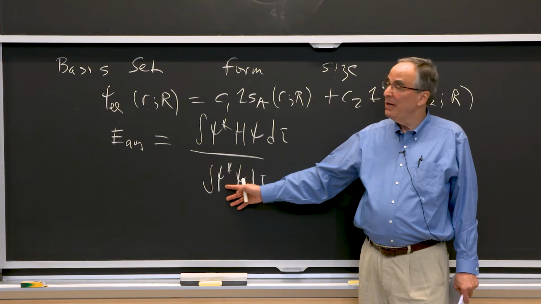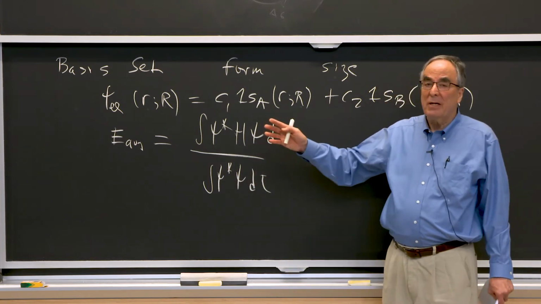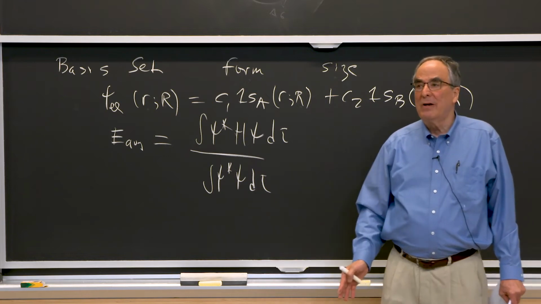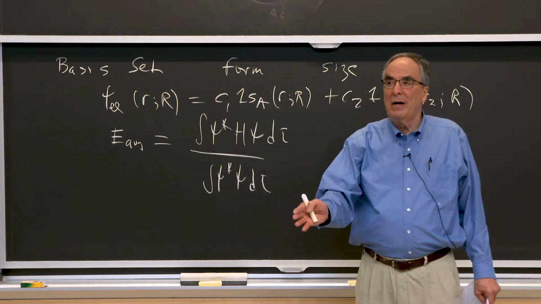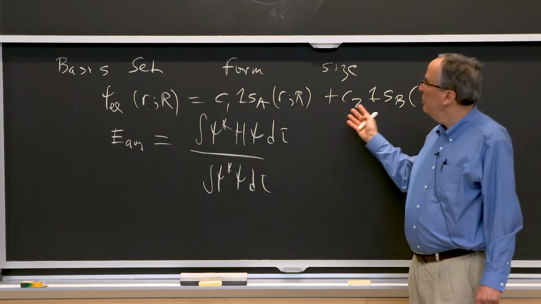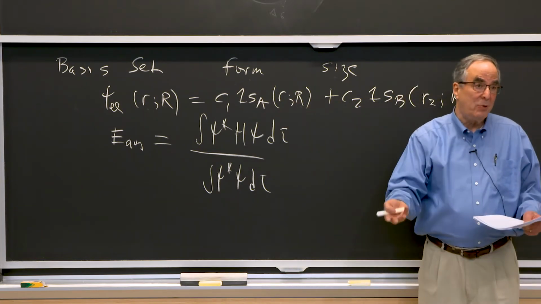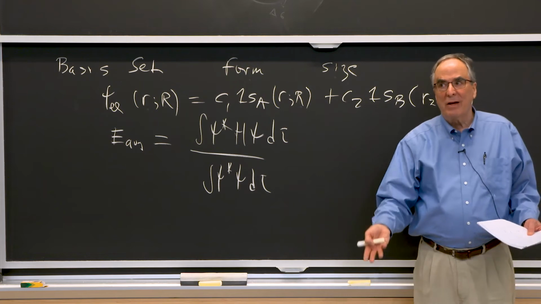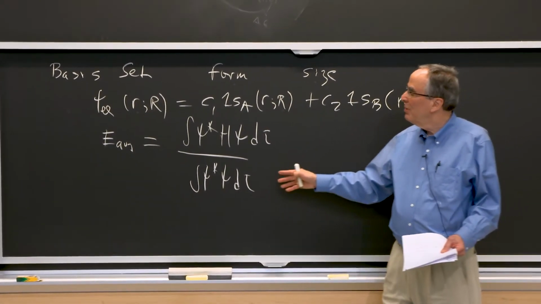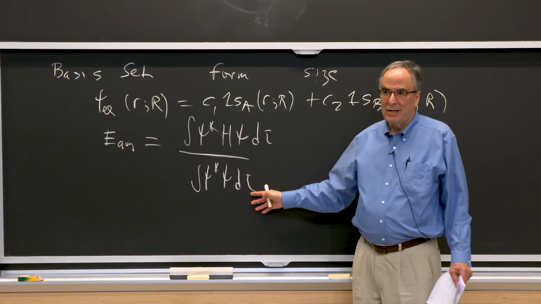And for this basis set, they're not orthonormal. They can't be. The wave functions for one atom are all mutually orthogonal. But because you have two atoms and there's overlap between them, they are not orthogonal and they're not normalized. And so we have to do this.